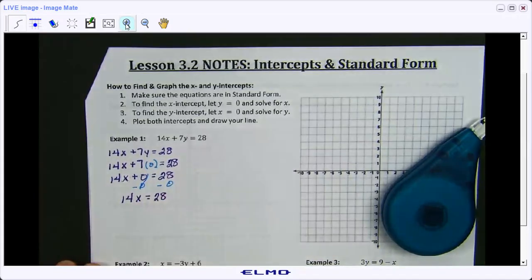And then we're going to divide both sides by 14. And x equals 2. And we properly write our x-intercept as (2, 0). And I do want you to write your intercepts this way in an ordered pair.